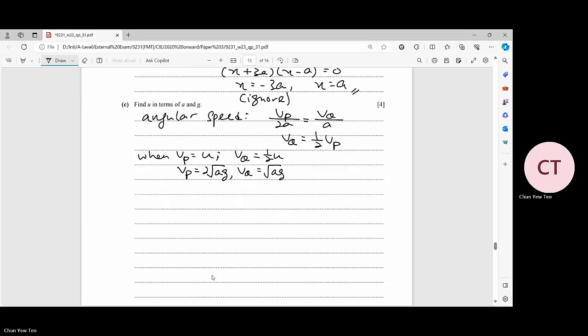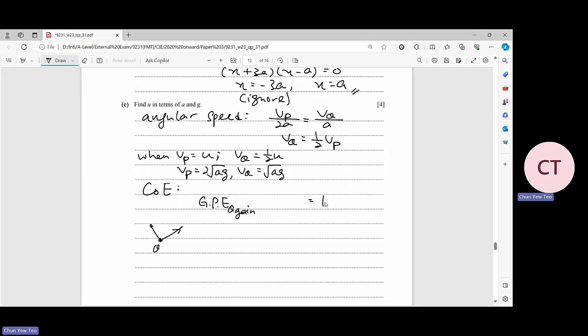Conservation of energy. Right here you can see that Q itself is moving up. So for Q, when you move up, the GPE of Q gains.